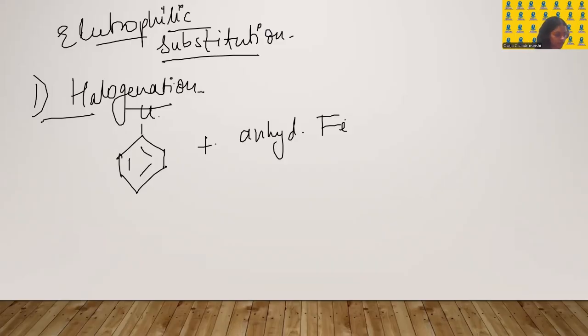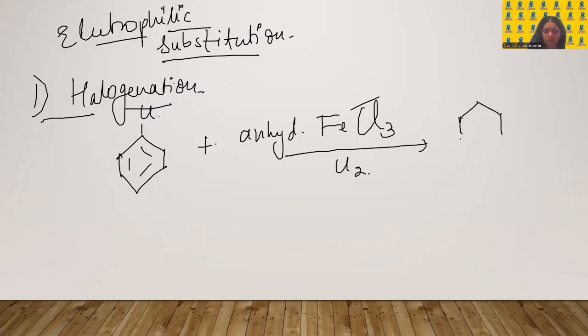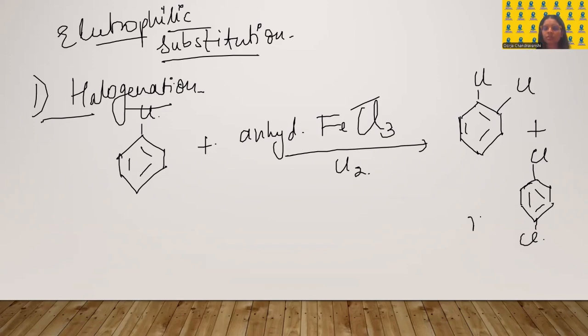Like we've already covered, FeCl3 is a Lewis acid, and this along with Cl2 gives me another ortho and para isomer of chlorobenzene. So this is a dichlorobenzene that I discussed. Which one is going to be the major? The major will always be the para. The reason being, this has the least steric hindrance.